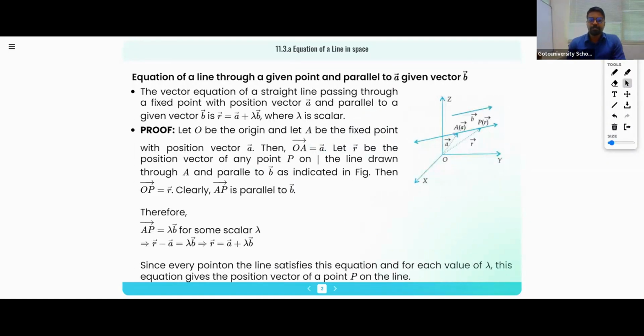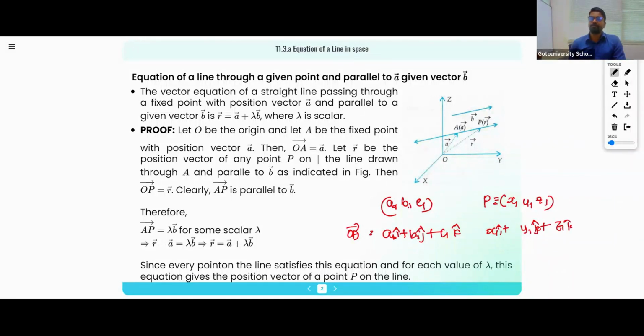A is a point represented by A1, B1, C1, and P can be represented by X1, Y1, Z1. So the vector OA can be represented as A1 i plus B1 j plus C1 k, or we can simply say A, B, C. That's better. Then P can be represented as X1 i plus Y1 j plus Z1 k. That we learned in the last class, right?